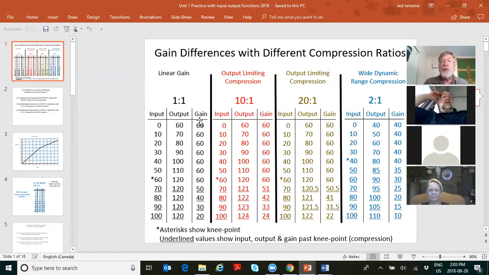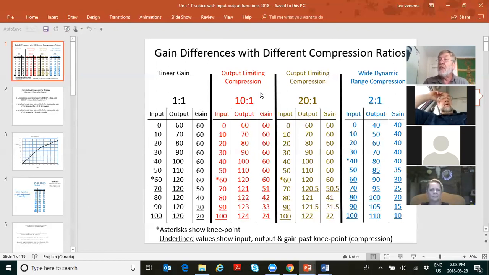Gain in this third column is the difference between input and output. Always remember that. At 60, I put an asterisk, meaning that's where the knee point was. And then the linear gain hearing aid said no more than 120 can come out. And you can see the gain, therefore, is going down, down, down.